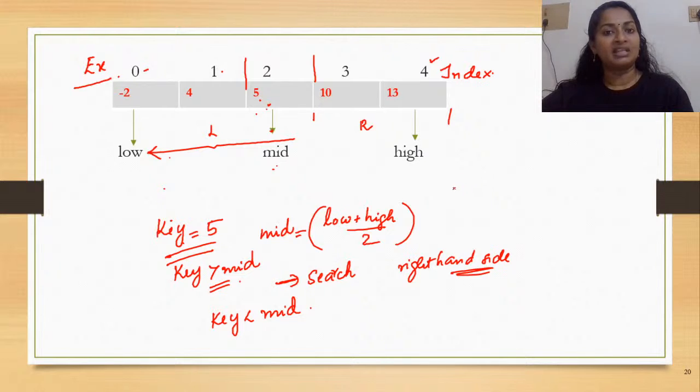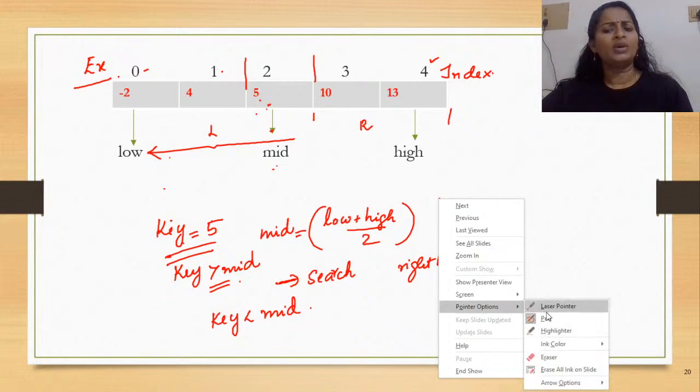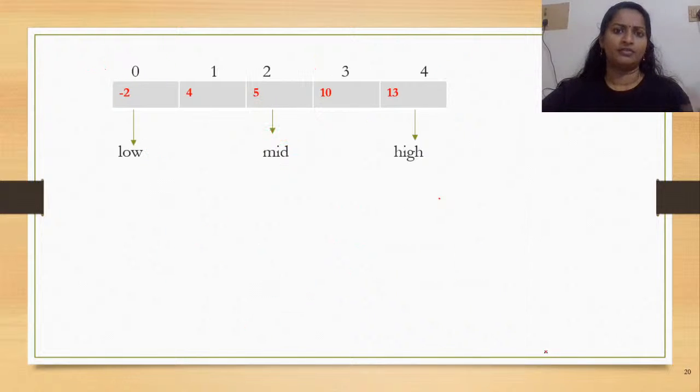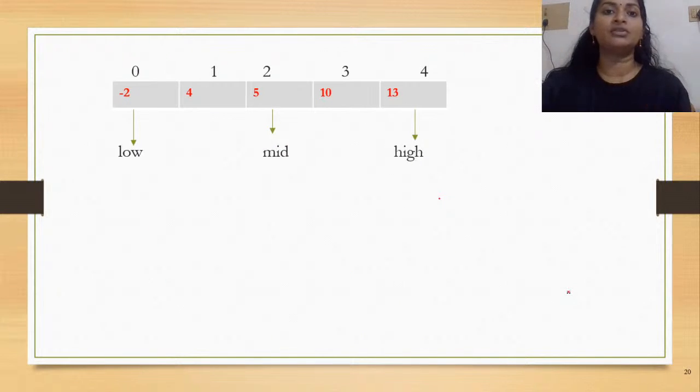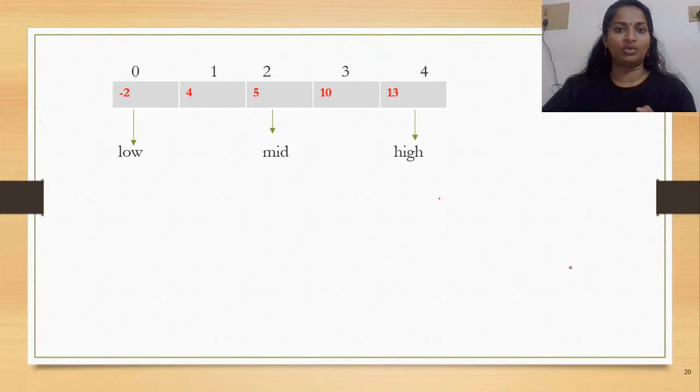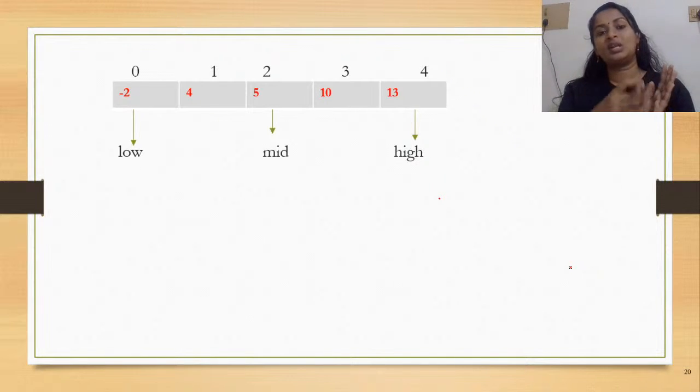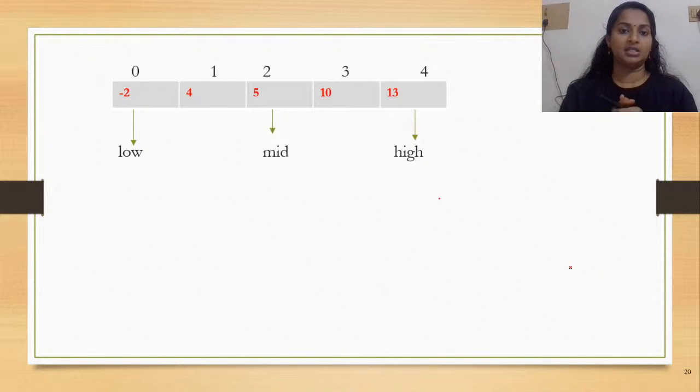The method itself states that we are not searching the entire list for finding the presence of the item or the key value. Instead, we are subdividing the entire big list into smaller portions and focusing the search on a very, very small portion. So it is far better than the linear search.